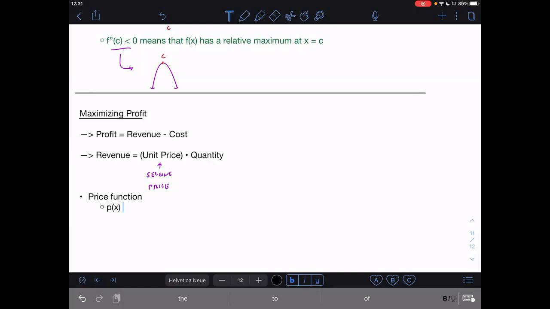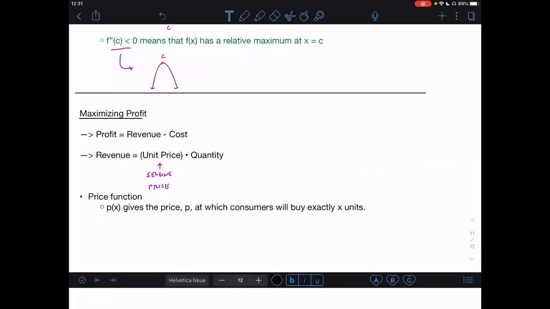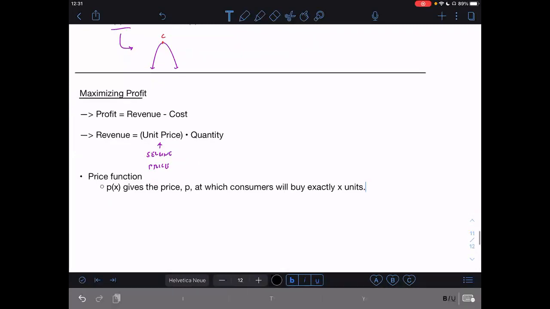The price function gives us the price at which consumers will buy exactly x amount of units.